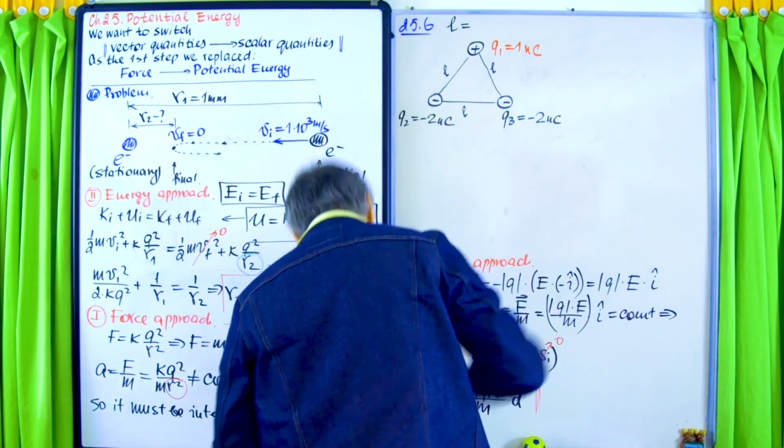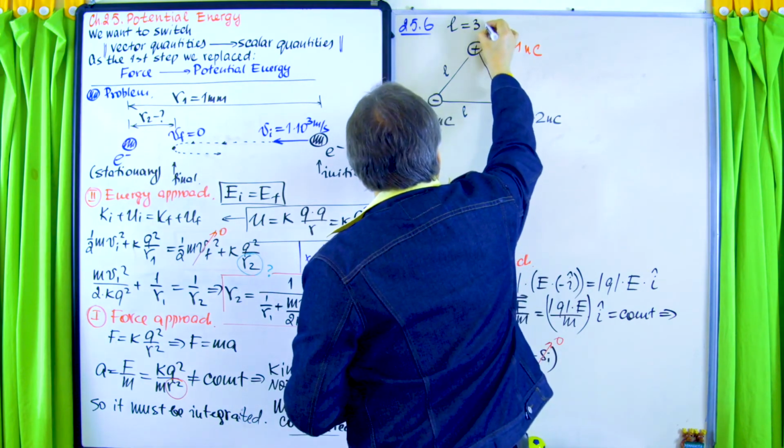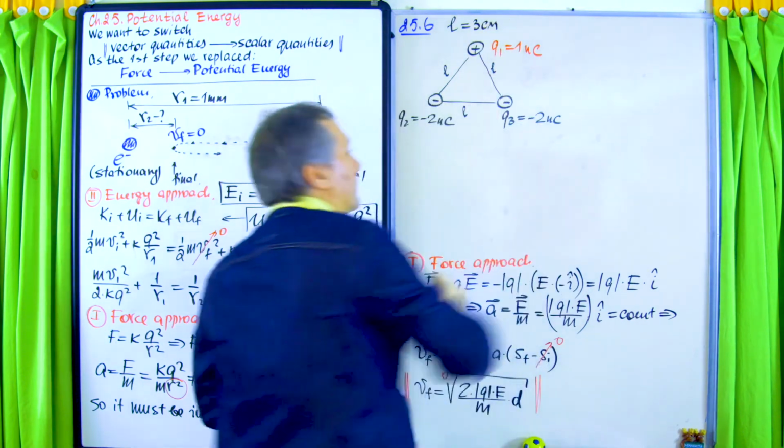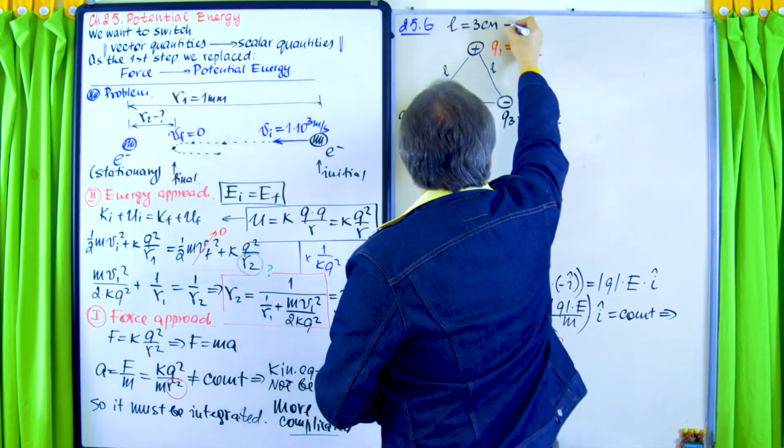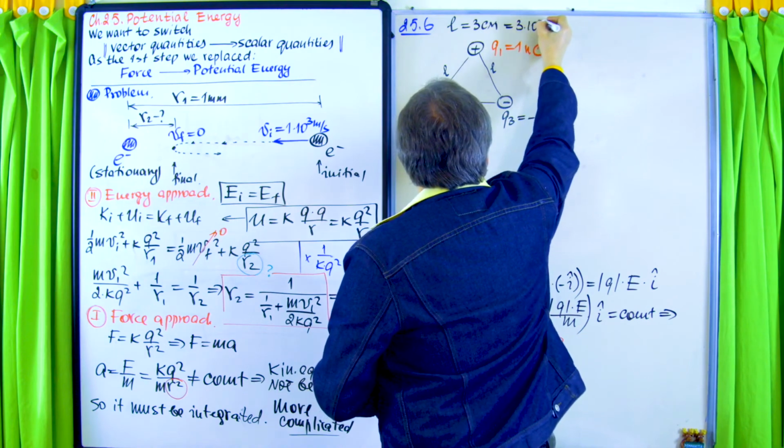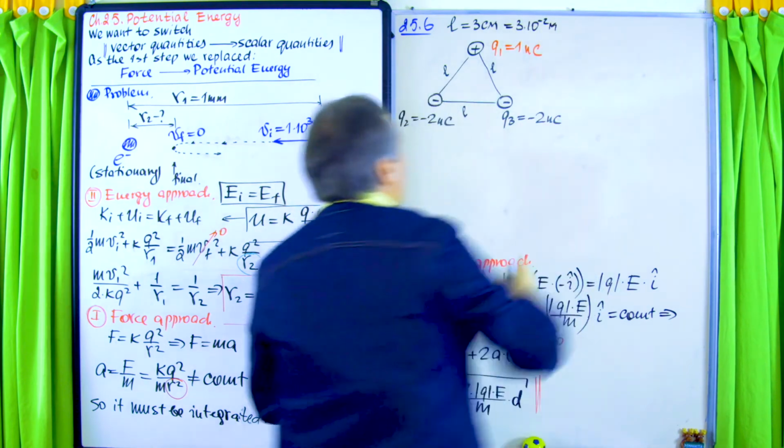L is 3 centimeters. Of course, you'll have to convert it to meters. Or maybe I can write it immediately: 3 times 10 to the power of negative 2 meters.